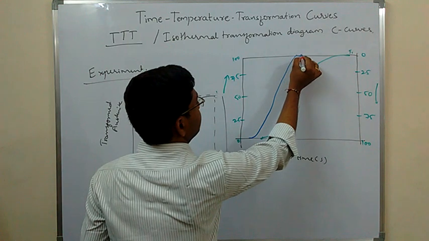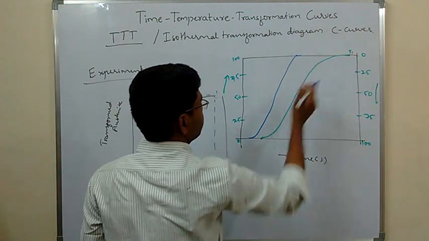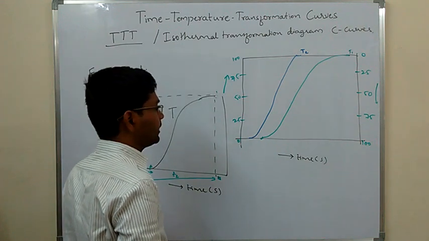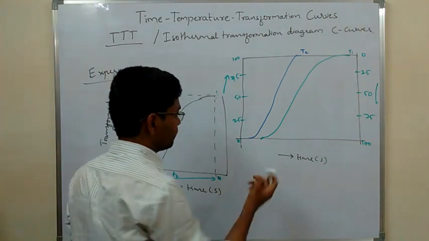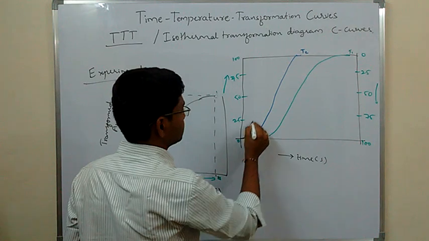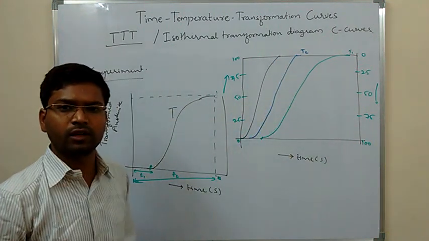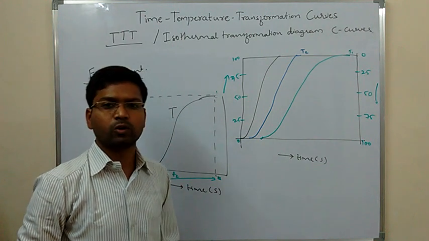It is somewhat straighter as compared to the T1 temperature. This is T2, and T3 we will get like this. So these transformation curves all depend upon the nucleation rate and growth rate.